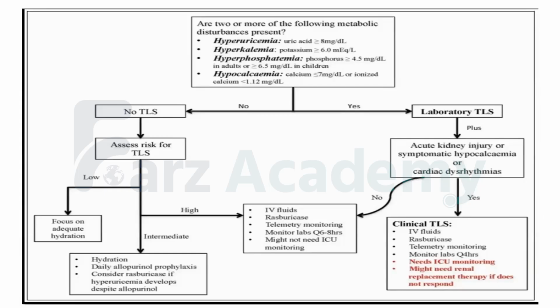If the patient is having these electrolyte abnormalities along with AKI or symptomatic hypocalcemia or cardiac arrhythmias, then it's a clinical TLS. You need ICU management, IV fluids, rasburicase, labs monitoring every 4 hourly. That you need to carry out aggressively. You might need renal replacement. Keep a very low threshold to start CRRT.